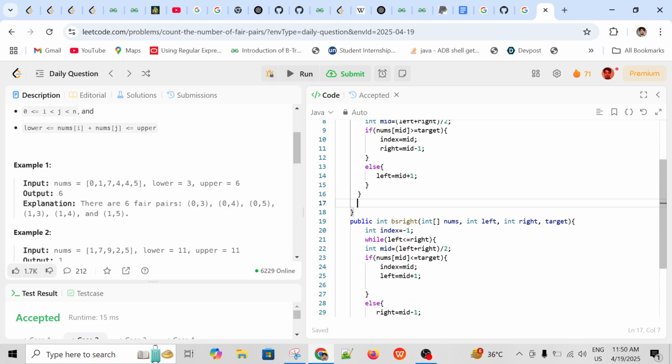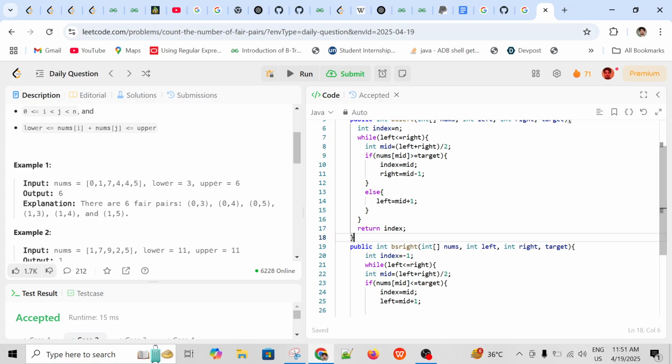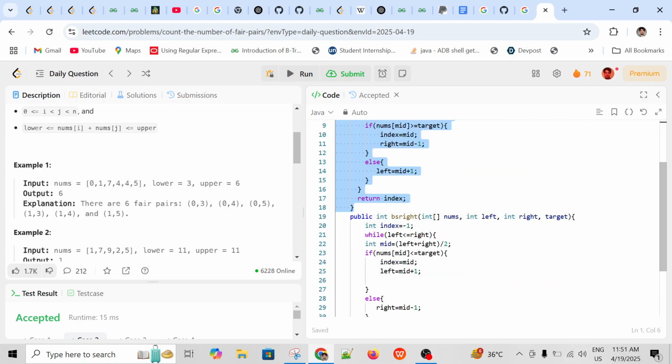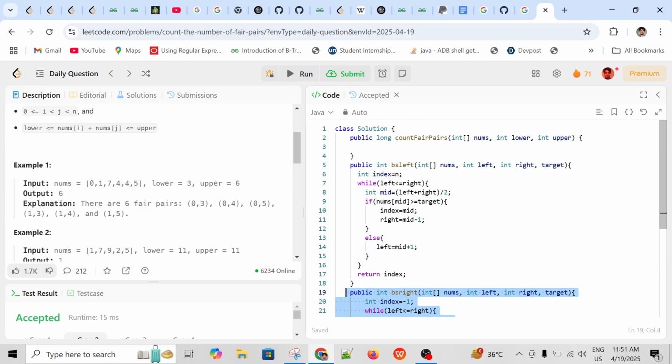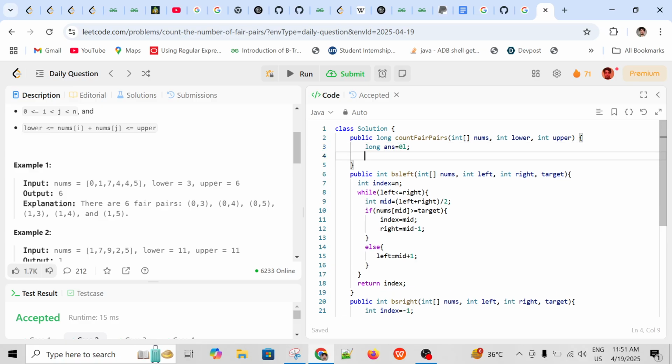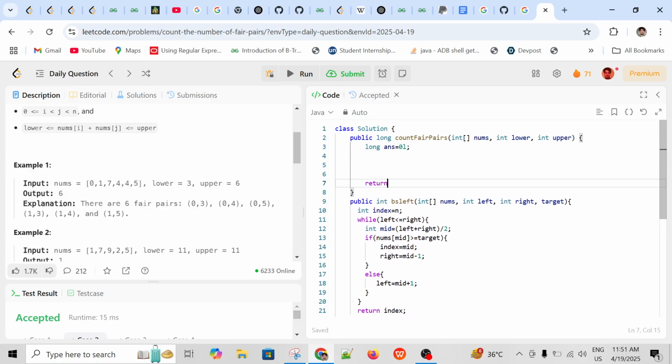Similarly here as well you have to return the index. So we have written code to find out the left index and the right index which will contribute in the answer, and now there will be the answer, and we will return this one.